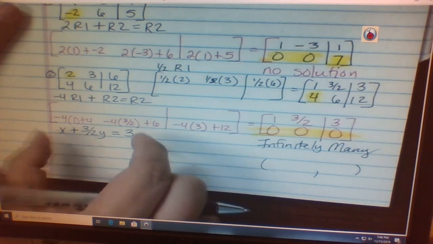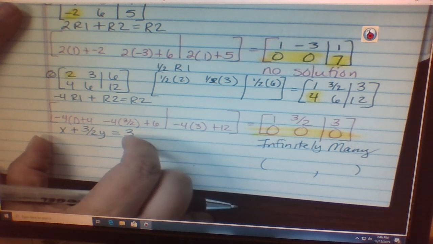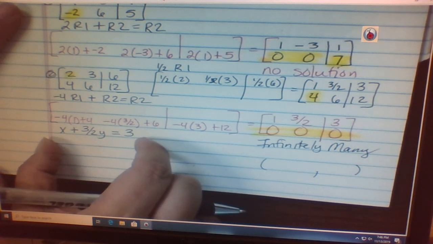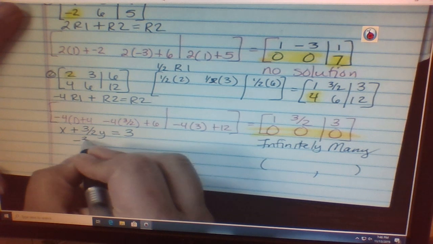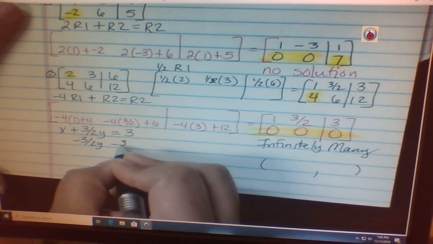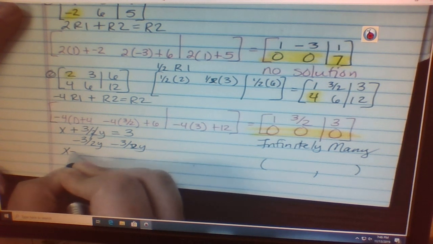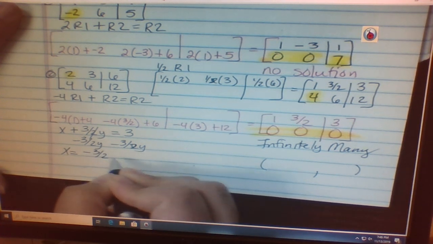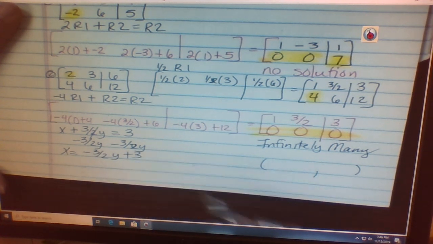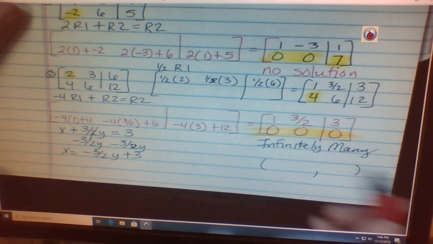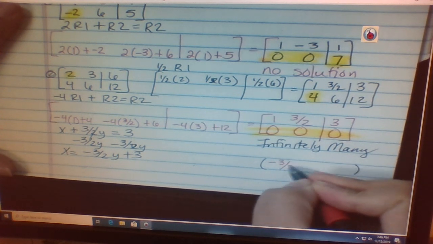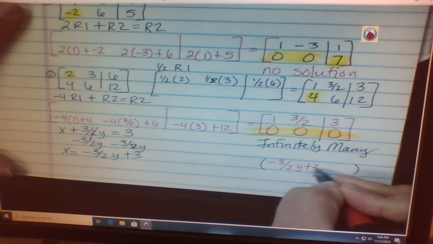That means I need to solve this for x. So how do you solve this for x? Subtract 3/2 y, and I get x equals -3/2 y plus 3. This is the answer that goes here, -3/2 y plus 3.